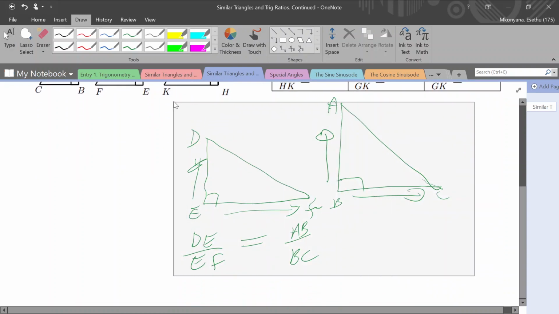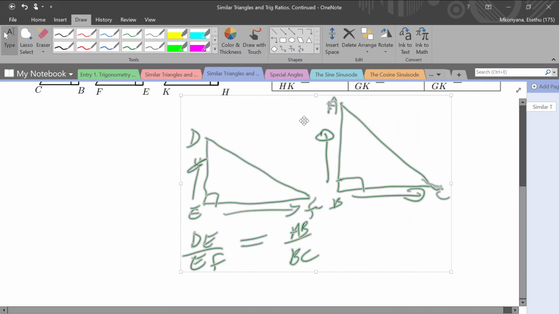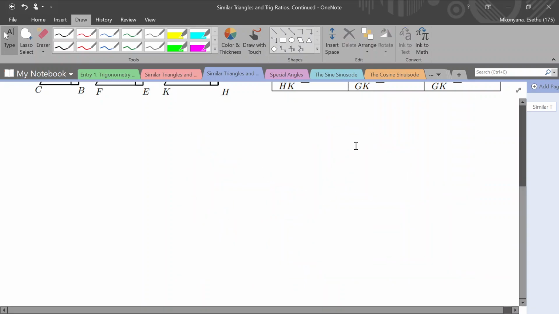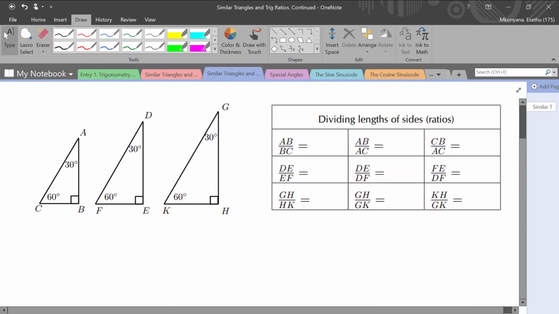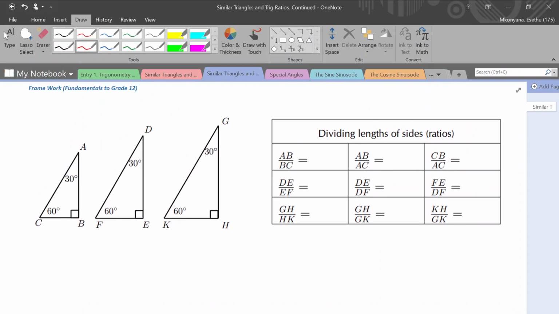So let's clear this up and then do something very nice. I'm sure you'll enjoy what we're going to do. Let's look at these triangles here. I took these triangles because that's the experiment I wanted you to do in the last video.